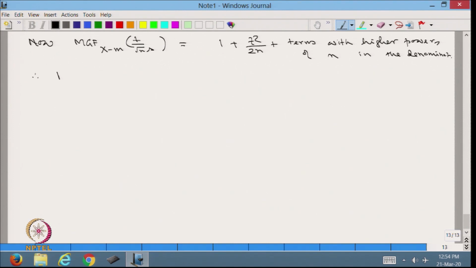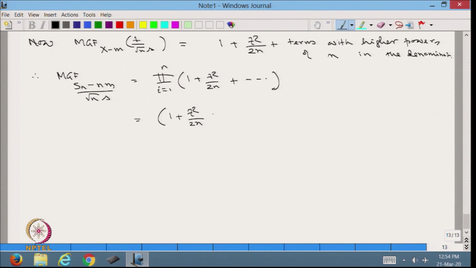Therefore, the MGF of Sn minus Nm upon root over Ns is equal to the product for i equal to 1 to n of 1 plus t square upon 2n plus other terms, which is equal to 1 plus t square upon 2n plus other terms whole to the power n.